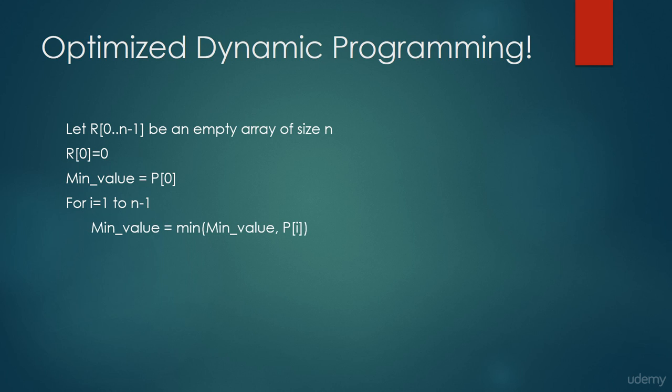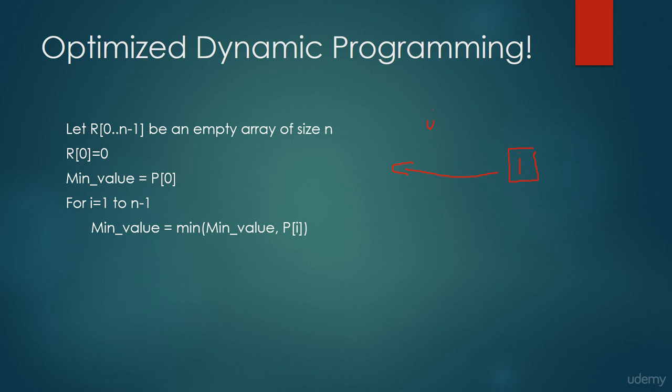First of all, we update the value of minimum value. So the minimum value is the minimum of the current minimum value or the current Pi. If we draw it again, we have an I here, and let's say in the previous ones, the minimum value was at day j.